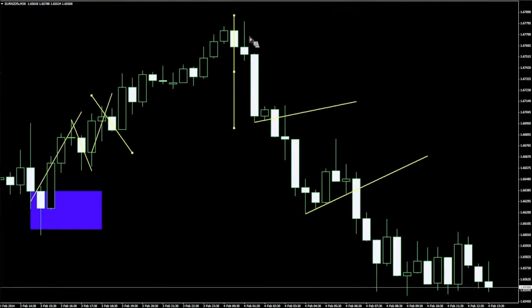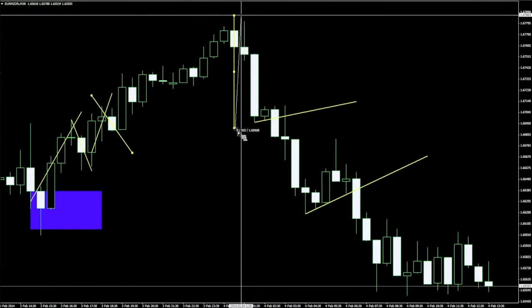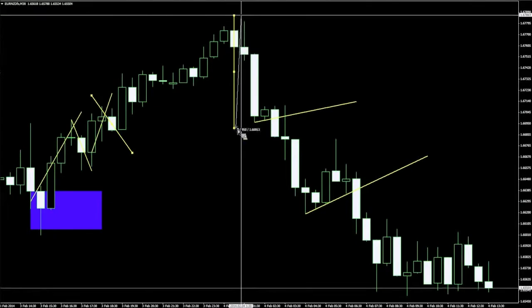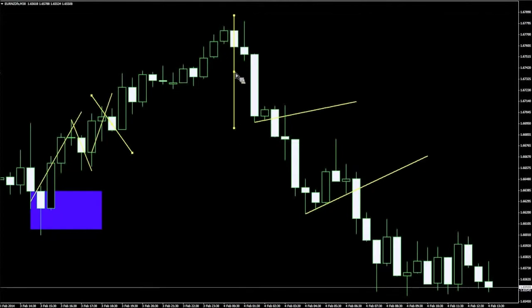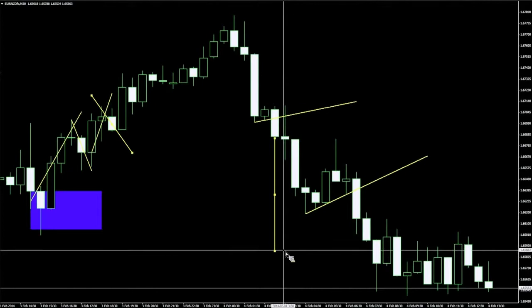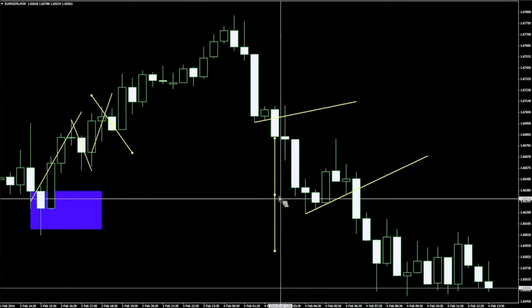So here we have this push down, and it's roughly 90 pips. Okay, it says 95, but let's just round it out to 90. So I'm thinking that this next move down should be about 90 pips, and I'm going to assume an entry below this candle. And sure enough, we made our 90 pips.